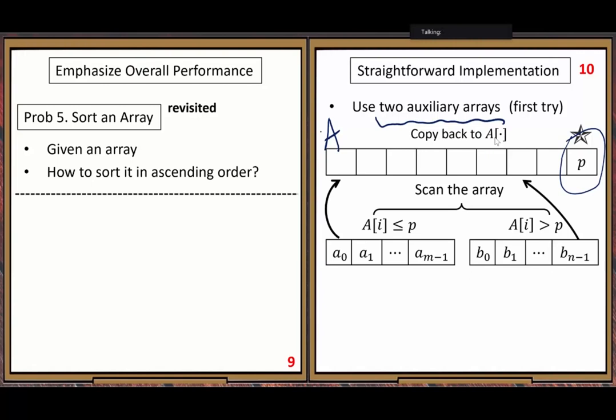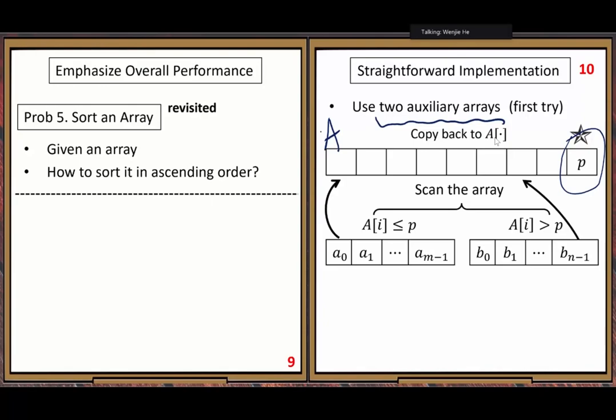But after this first round, in our second round, because the first try usually is not the best solution, we want to improve.